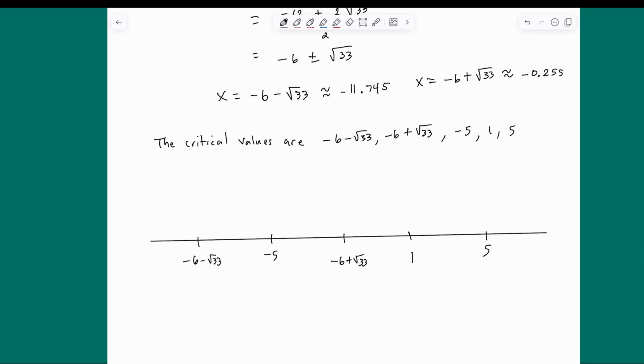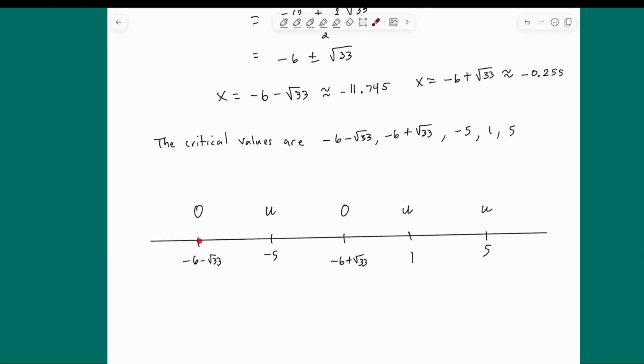Okay, so we know that the zeros occur at those critical values, at negative 6 minus root 33 and negative 6 plus root 33. They will make the rational expression 0 because they're the zeros. But the other guys will make the function undefined. Okay, so we can see we have one interval going from negative infinity to negative 6 minus root 33.